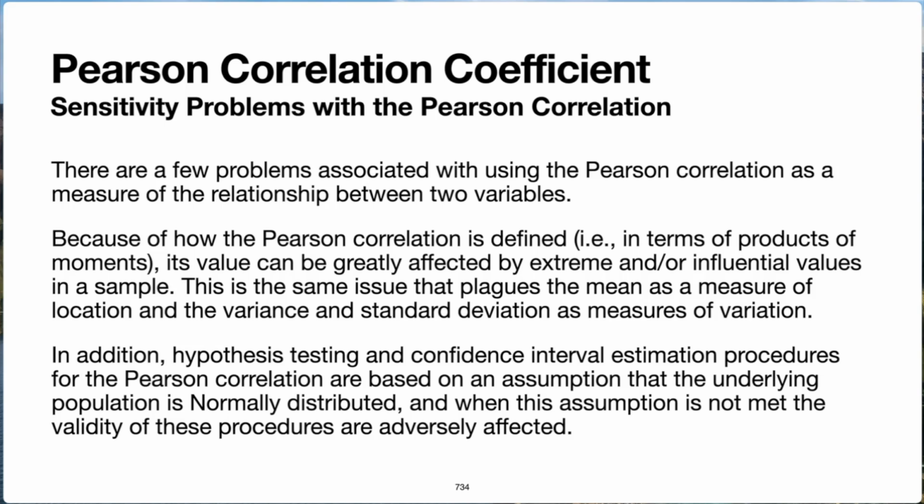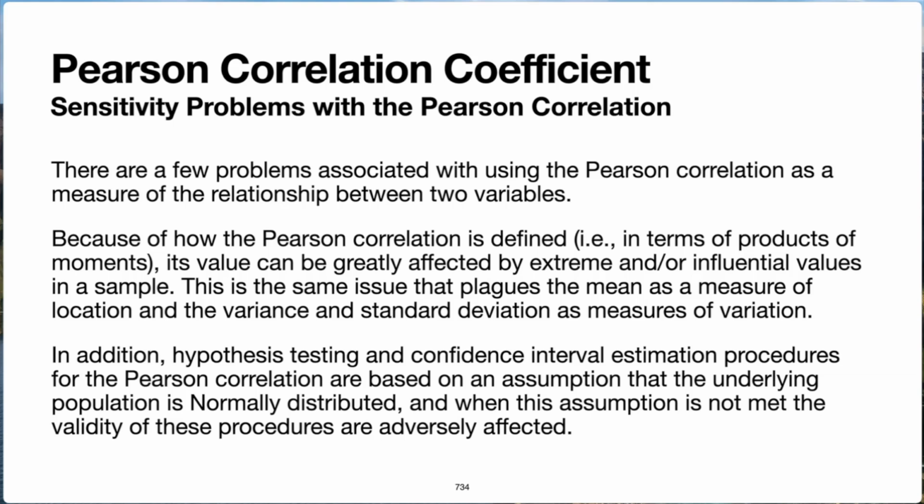When this assumption is not met, then that negatively impacts the validity of these inference procedures. It negatively impacts the validity of the hypothesis tests in the sense that p-values may not be accurate, because those p-values are based on, again, this assumption that the underlying distribution is bivariate normal. And it can also impact the confidence interval estimation procedures in the sense that the coverage probabilities may be something different than 95%.